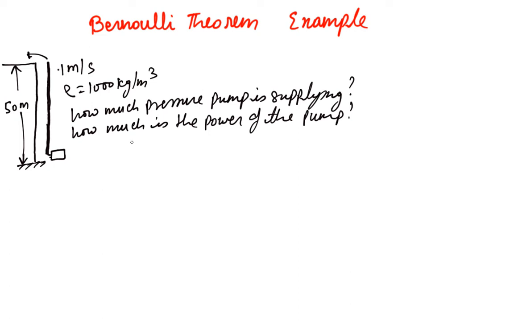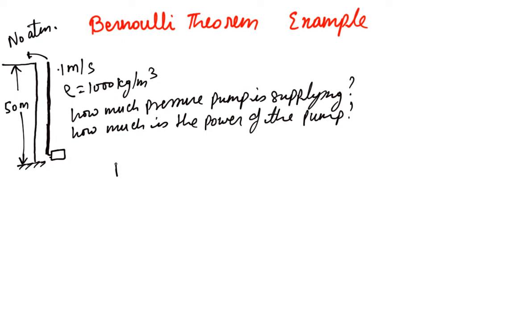So let's see. We also know that atmospheric pressure is P naught here, or for the sake of simplicity, let's say there is no atmosphere. It won't really change anything. Okay. So how much pressure is the pump supplying?